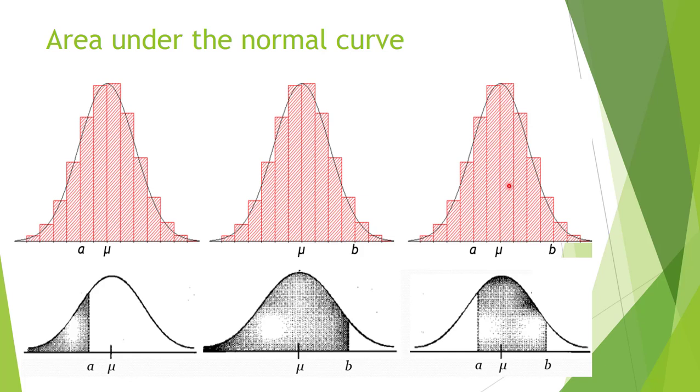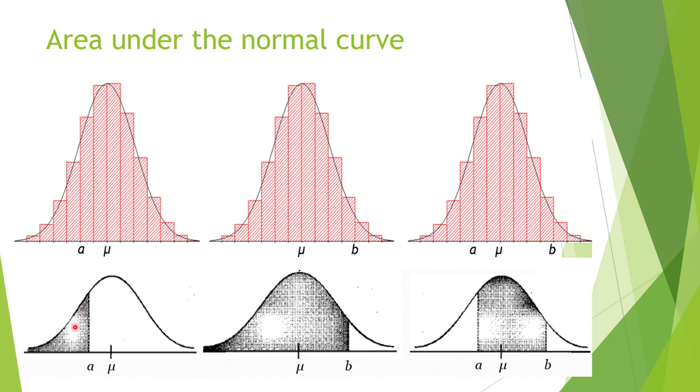If you understand this with the histogram, you should be able to understand the same thing about the normal curve. So I have A here, B here, A here, B here. This shaded area underneath the normal curve represents the same thing as we talked about earlier with the bars.